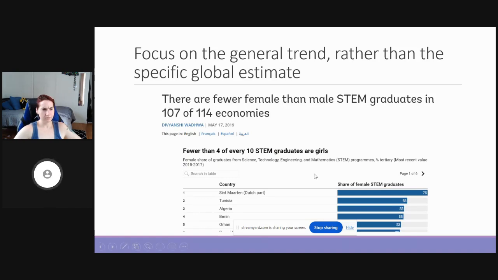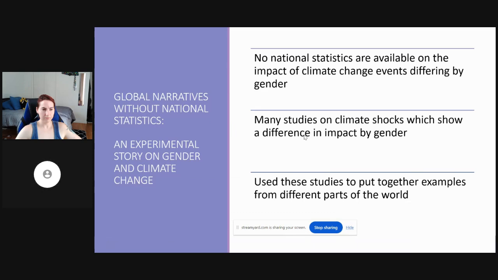Another example is from one of the blogs that I had written, but I'll skip because it's really very similar. Another aspect that I would like to show is that sometimes we don't even have country level statistics. Sometimes the amount of data that we have is so little that we have to rely on case studies.